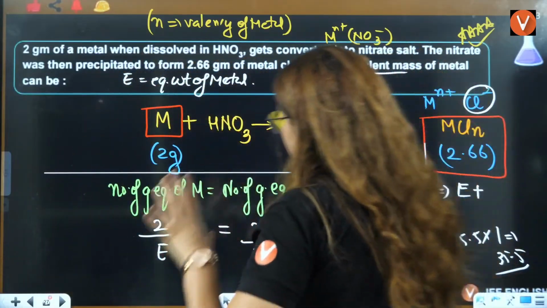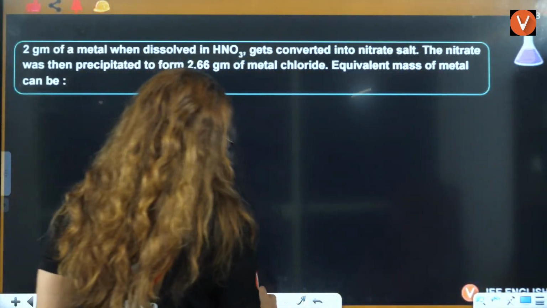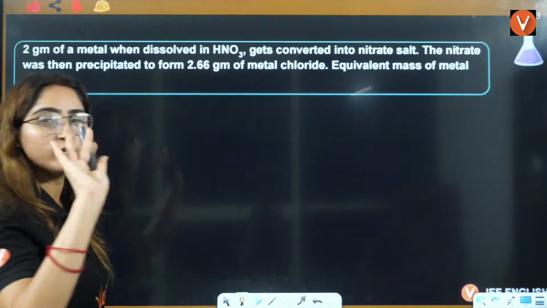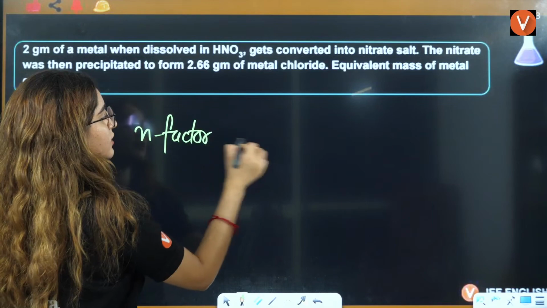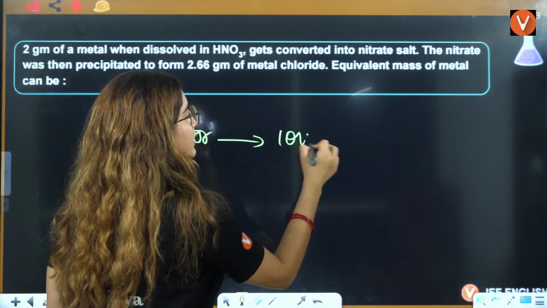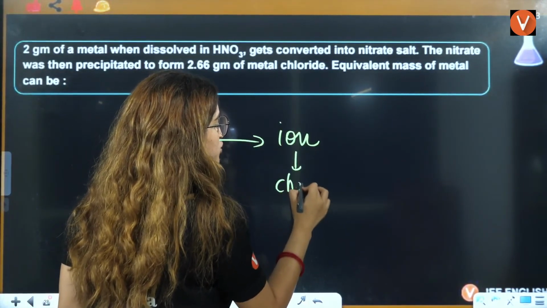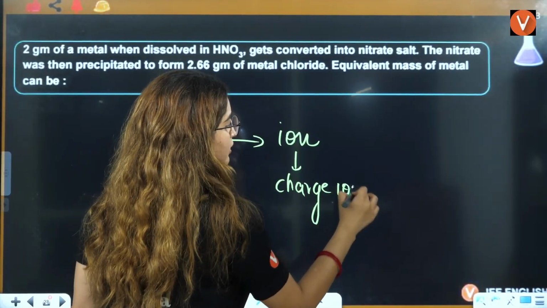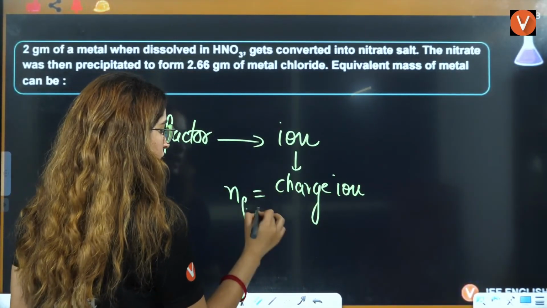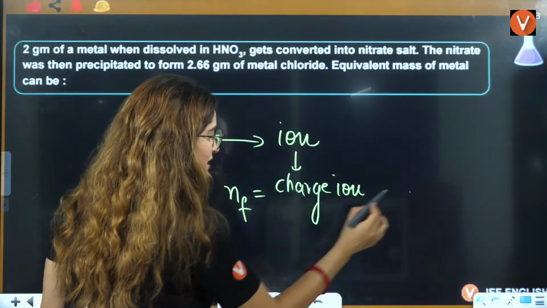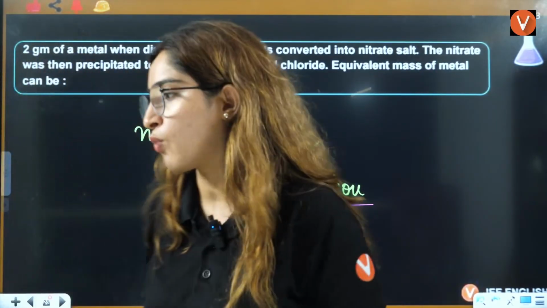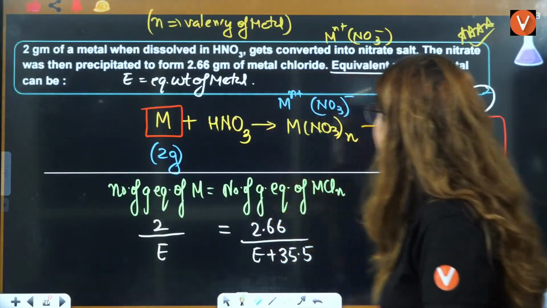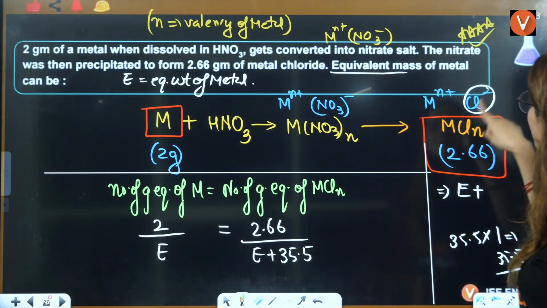But one thing you should be clear, that n factor, those who don't even know what is n factor, for them I am writing this. N factor, if you have an ion, is equal to charge on ion. Till now I have only solved questions where ions are involved. In this case, chlorine is Cl negative, so the charge is 1.